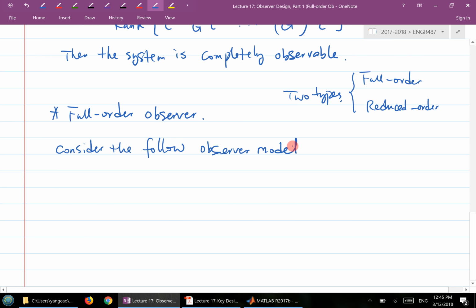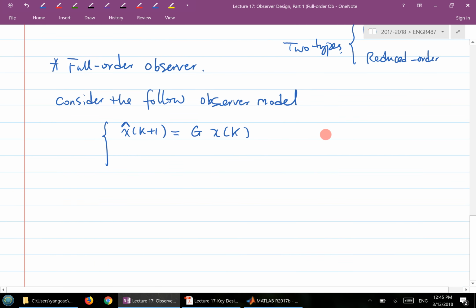I'll write it down, the observer model here, x hat. Here is a so-called observer model.